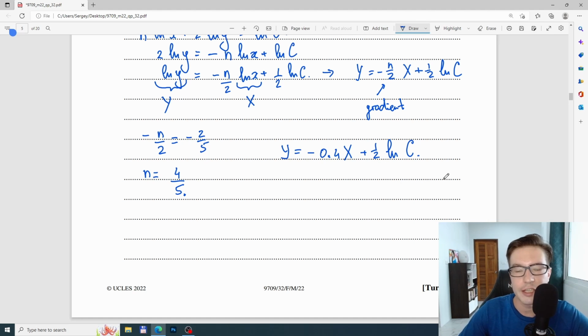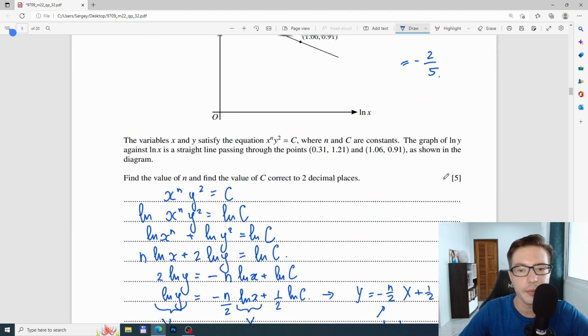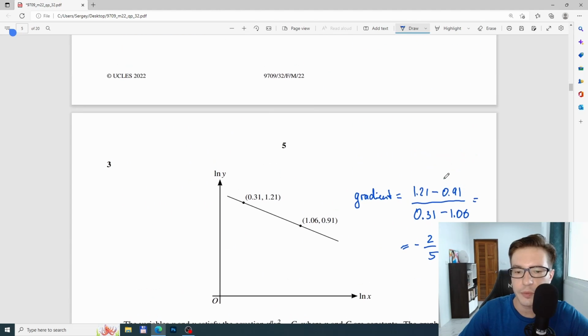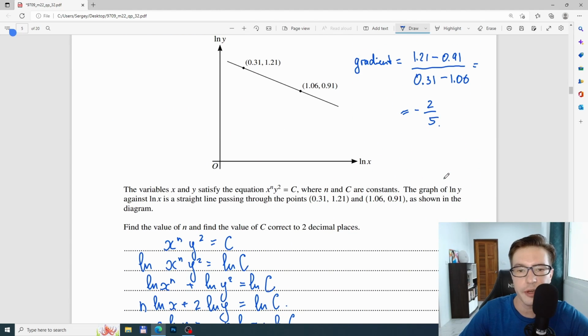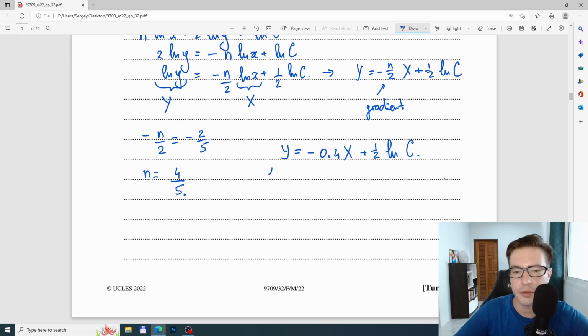Now, to find c, we can substitute any point on this line, and I will use the point (0.31, 1.21). So 1.21 equals minus 0.4 times 0.31 plus a half natural log c.